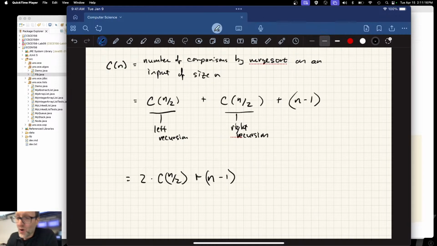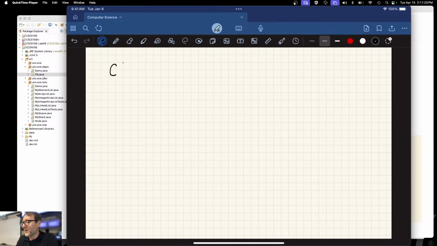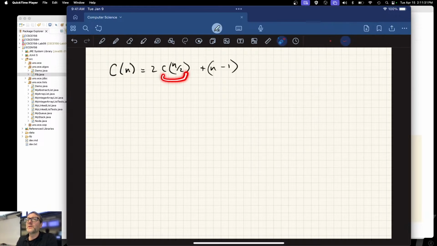We could try, but basically what I'll show you is how it would end up. I'm going to lose the forest for the trees really quick here. 2 times c sub n divided by 2 plus n minus 1. What you do is you try to eliminate this recursive term by plugging it back into itself.